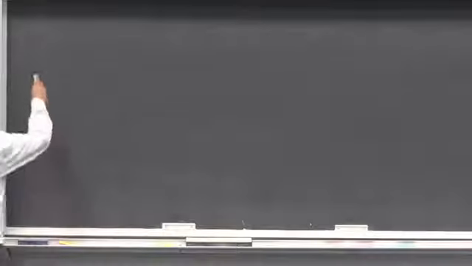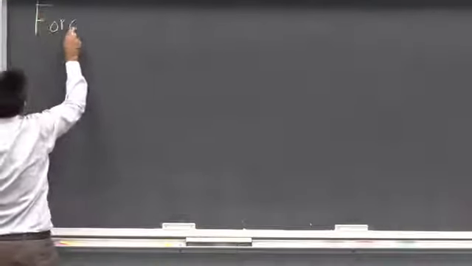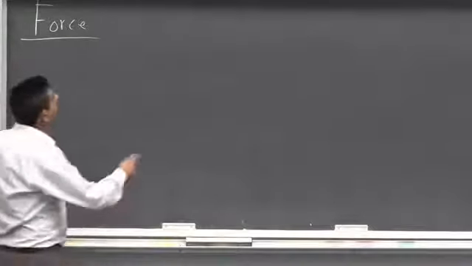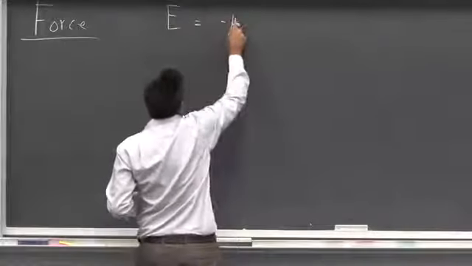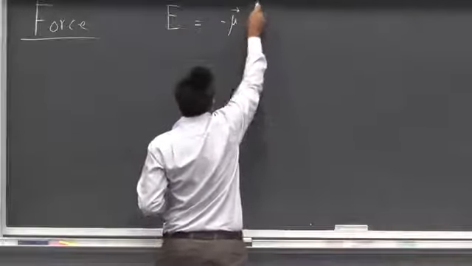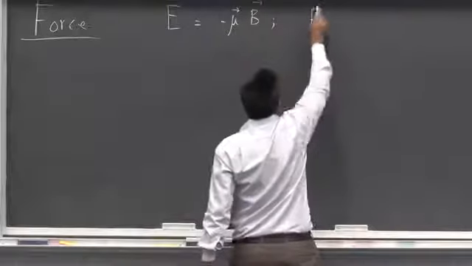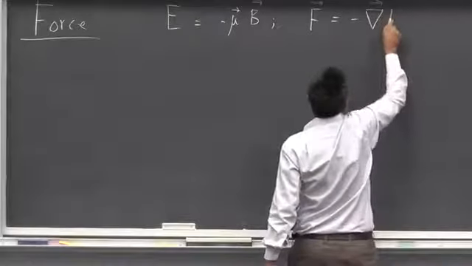However, let's now talk about the second aspect, which I promised, the force on a dipole when placed inside a magnetic field. So we know that the energy E is given by minus mu dotted with B, and forces in general are given by the negative of the gradient of the energy.